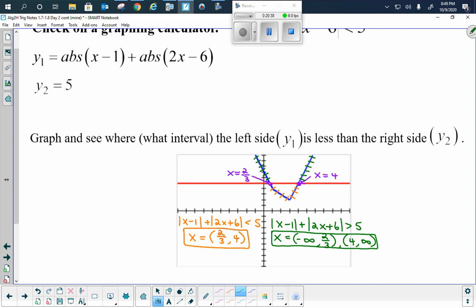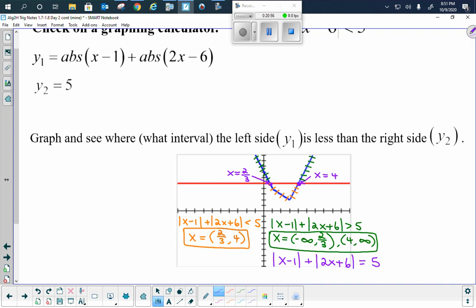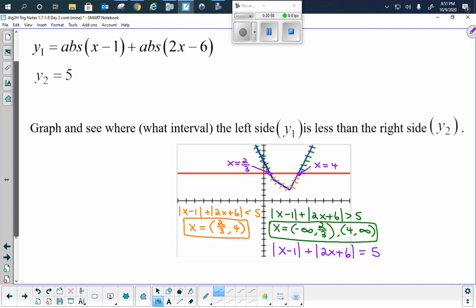And last but not least, just to make the connections, what if I was just asking you, where is the absolute value of x plus 1 plus the absolute value of 2x plus 6 equal to 5? Well, the equal should be where they intersect, right?